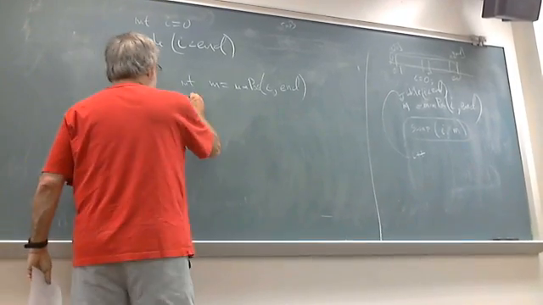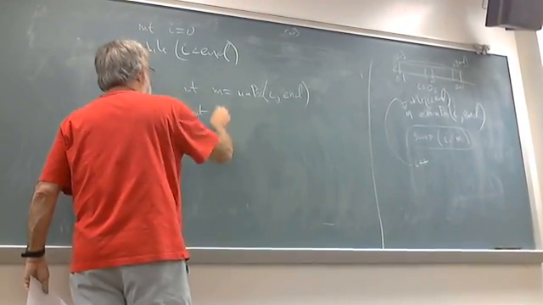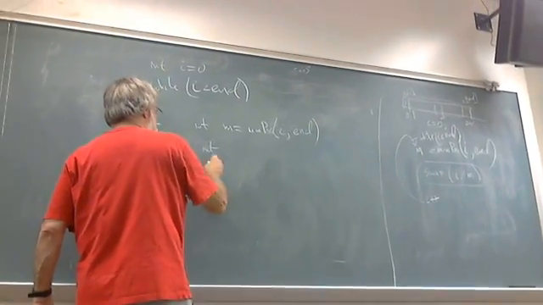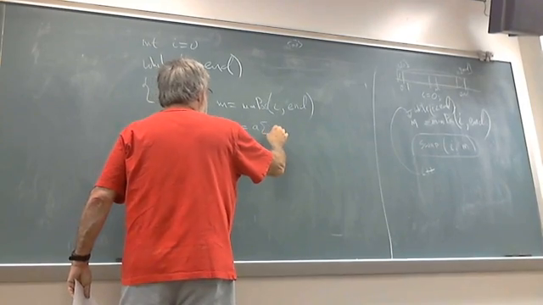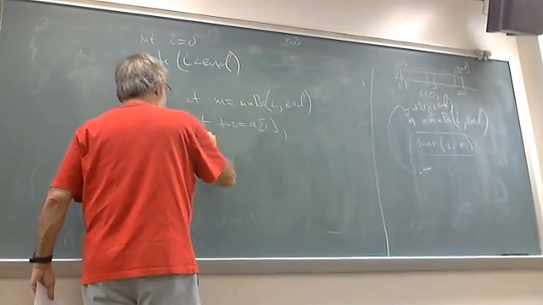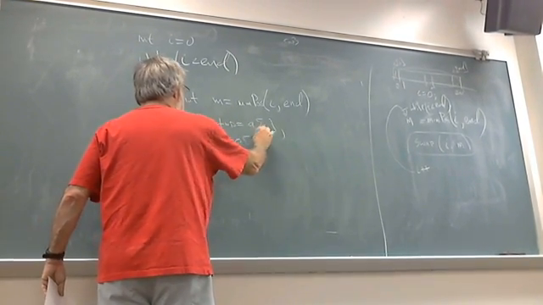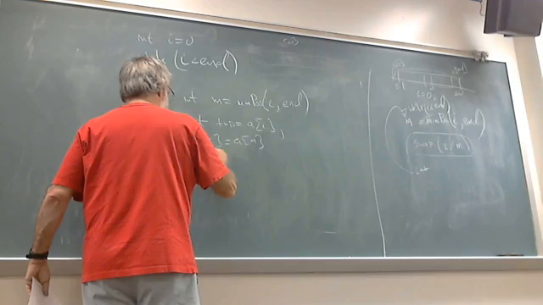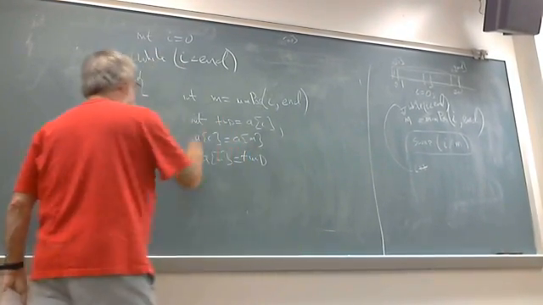So I need a temporary variable. Assuming that what the array has in it are integers, int temp equals a[i], and then a[i] equals a[m], and a[m] equals temp. So here's the swap.